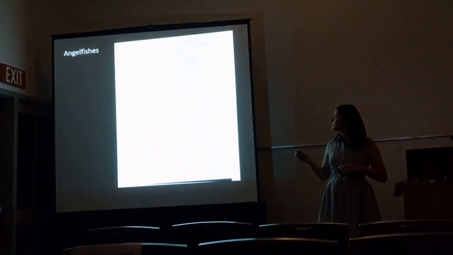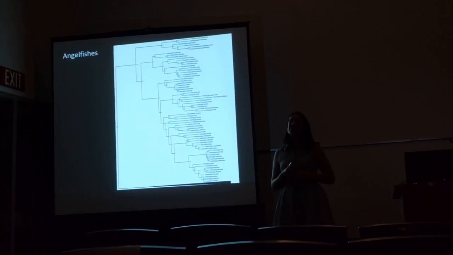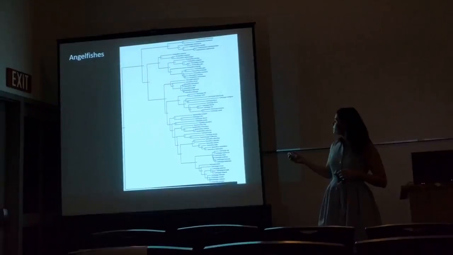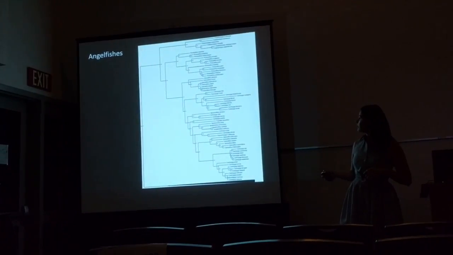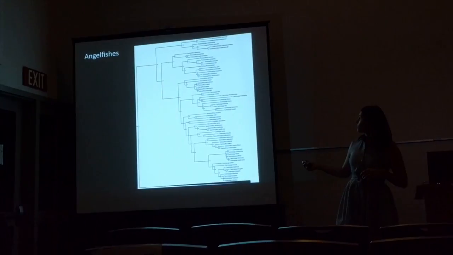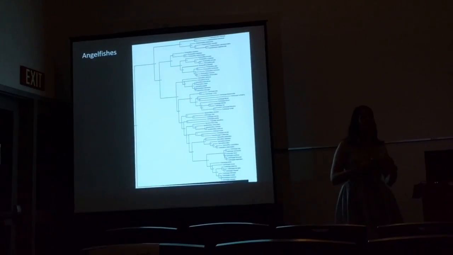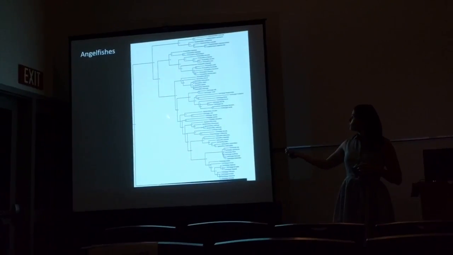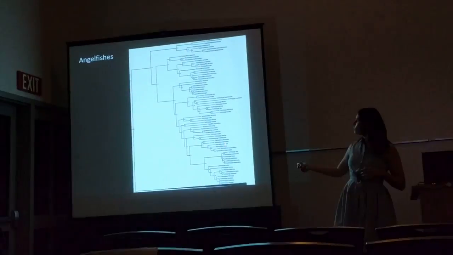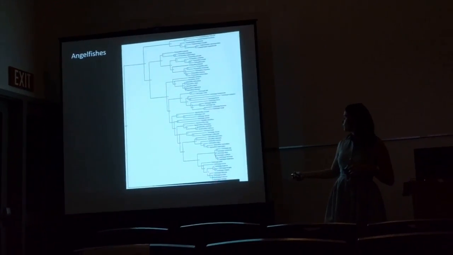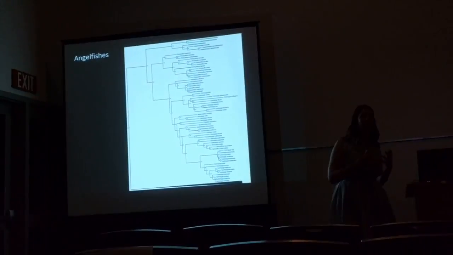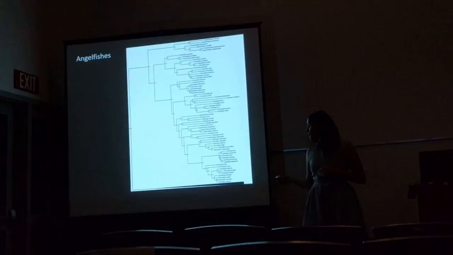Now to break this down in a way that's potentially a little easier to look at, first I'm going to talk about the angelfishes, the Pomacanthidae. Again, we find very strong support for the monophyly of this family, strong support along the backbone of this tree, with some resolution problems, both in terms of topology and support, at the tips.